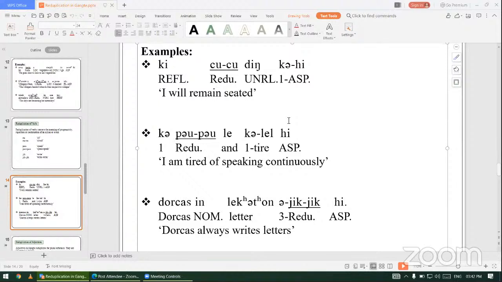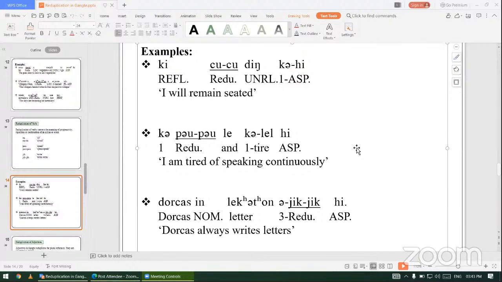So the occurrence of the reflexive with a set of verbs is not unusual in some Kukichin languages. Yes, this is also typologically true. Posture verbs often take reflexive markers, like sit. So they take a middle marker or reflexive marker.